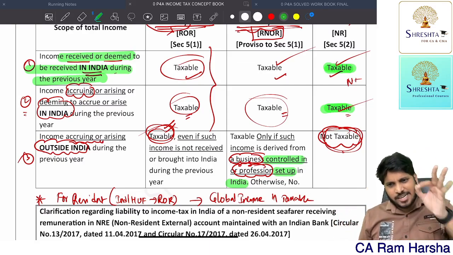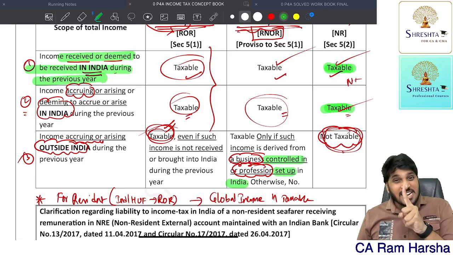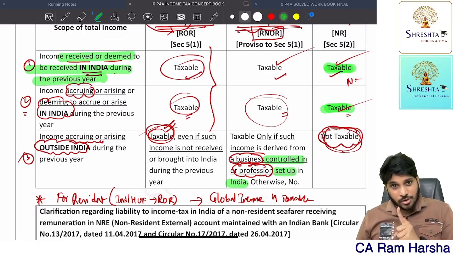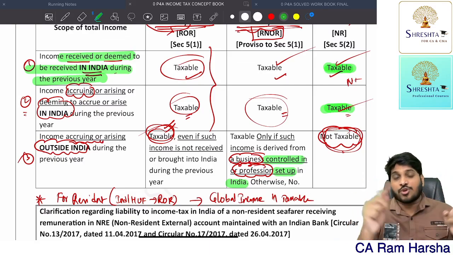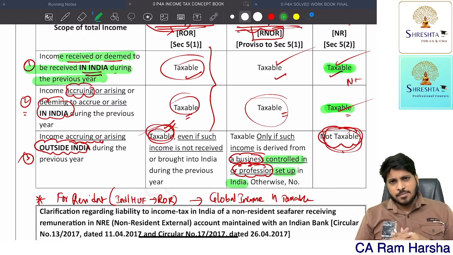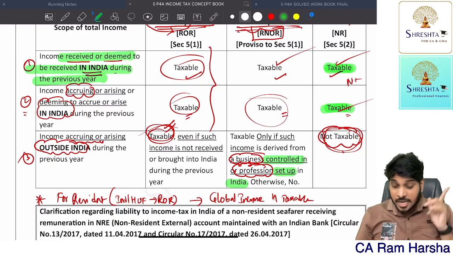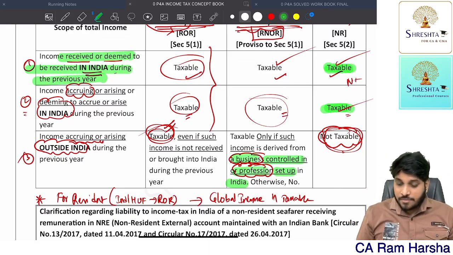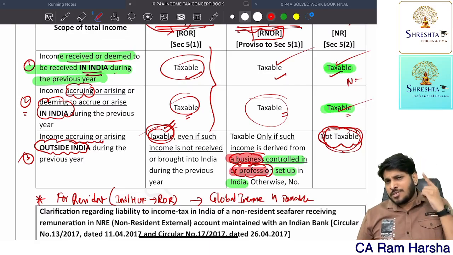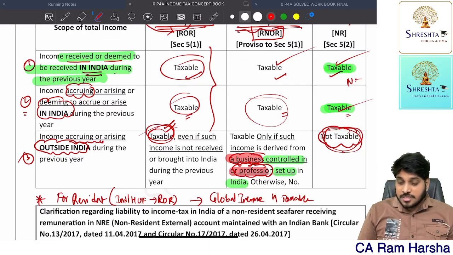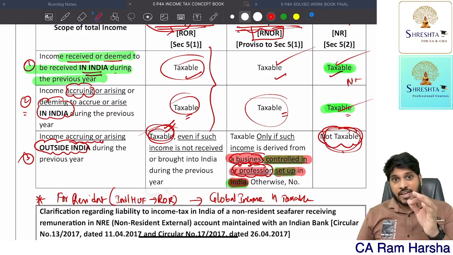Logically speaking it is not taxable, but only one type of income is taxable for you. Which income is taxable even though source and receipt are both outside? If it is a business income or a profession income. Which business or profession? If it is a business controlled from India, or a profession set up in India, then it is taxable.